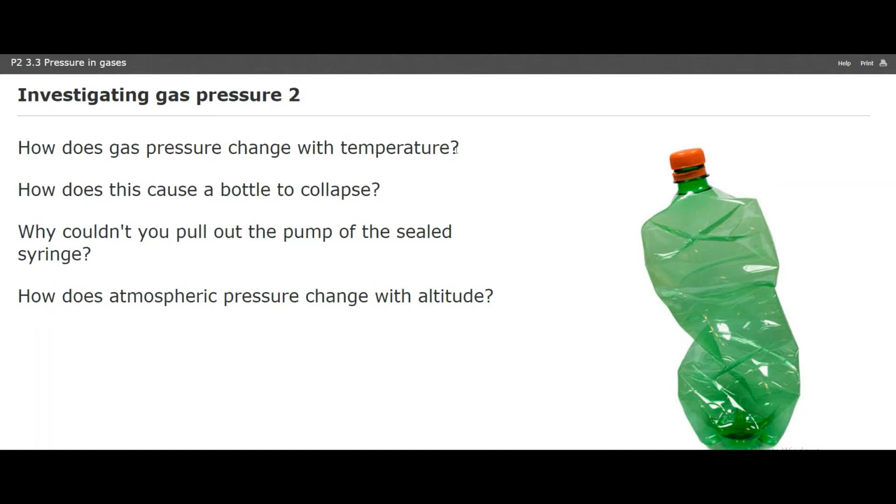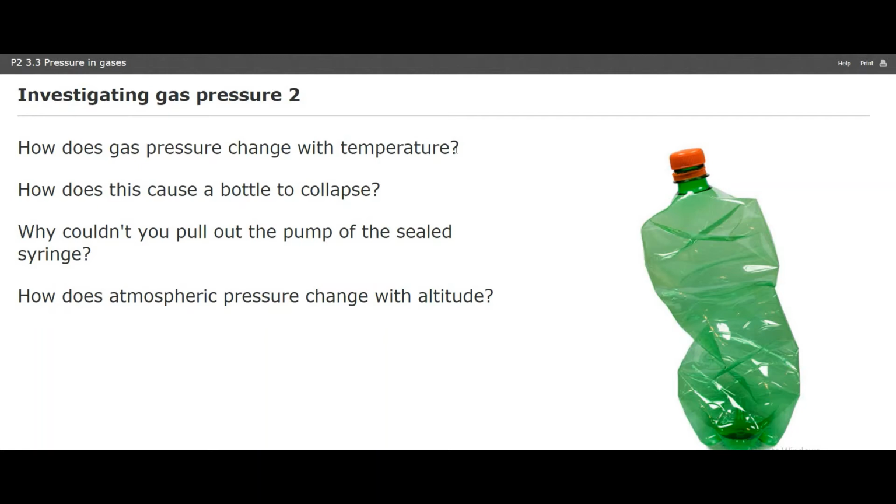So the pressure inside the tube goes down, meaning that the pressure outside, the atmospheric pressure, is larger than the pressure inside. And so that external pressure will apply a force and push against the plunger, pushing it back in. So even though I'm trying to pull it out, there is an external force pushing it back.